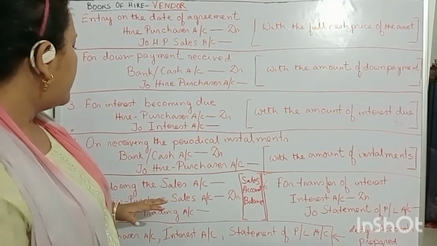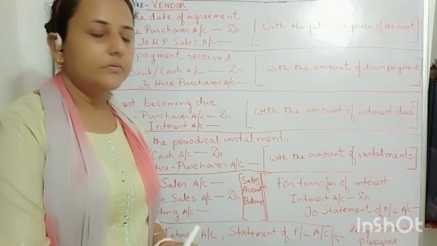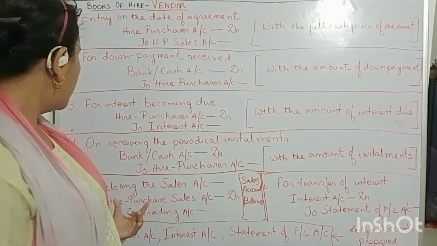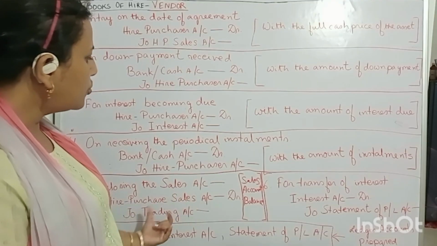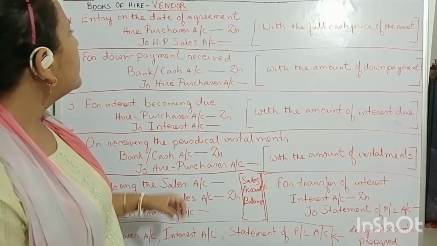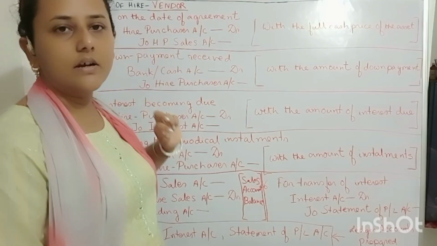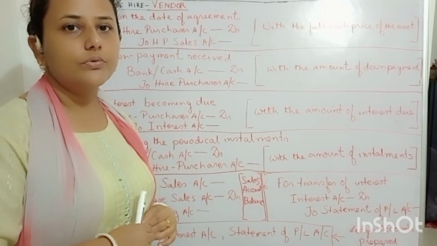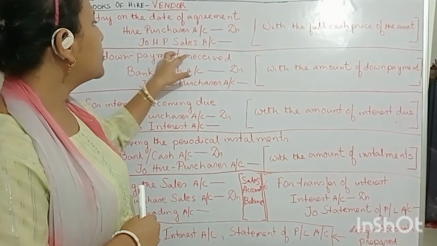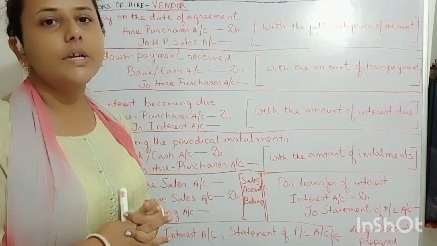Then, on annual closing of accounts, at the year ending, hire purchase sales account is debited to trading account. This hire purchase sales account will be closed and transferred to trading account.